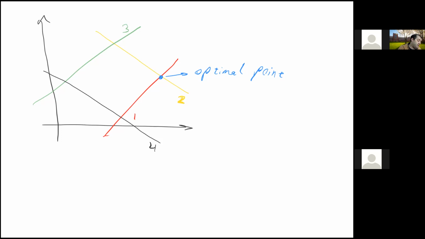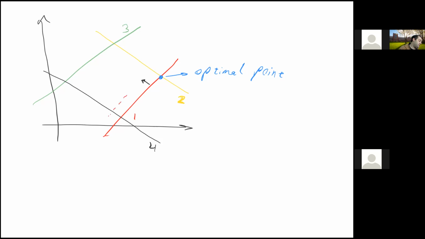So here, if you change line 2, the yellow one, or line 1, let me just move line 1, the red one, upward.